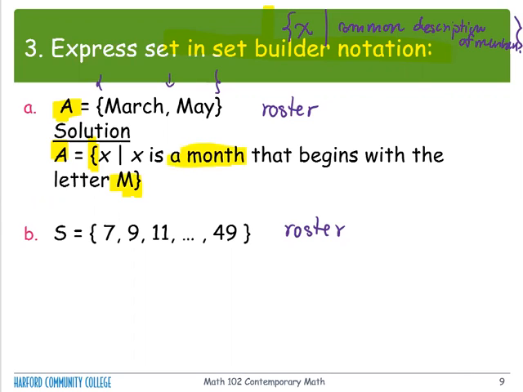Now, example B, we have the roster form of the set S, this is the set name, set S equals the set. If we go along by writing the set builder notation while reading the set provided, set S is the set of X such that X is, now we have to explain the common property of these numbers: 7, 9, 11, and so forth. The dots here mean you keep going with the same pattern, but the last number stops at 49.